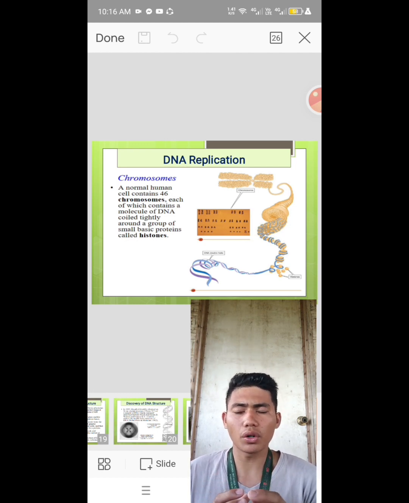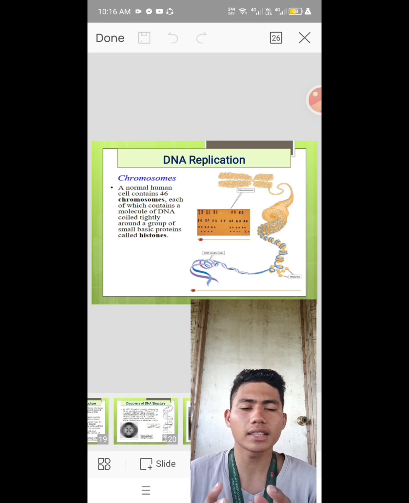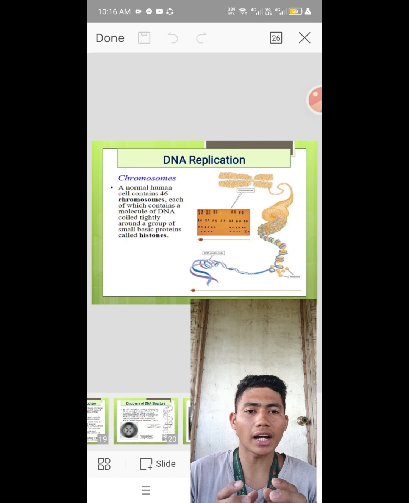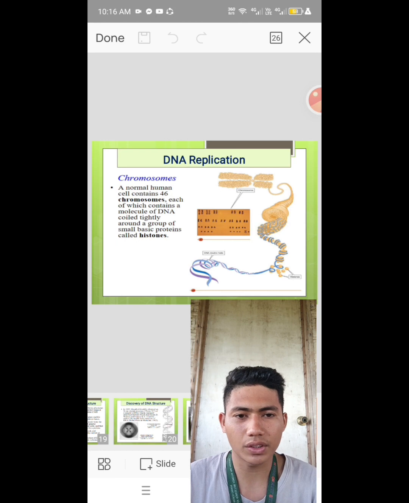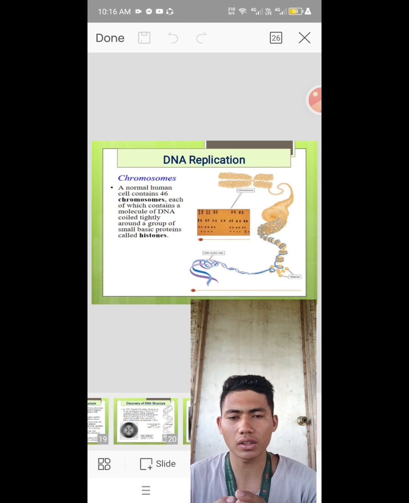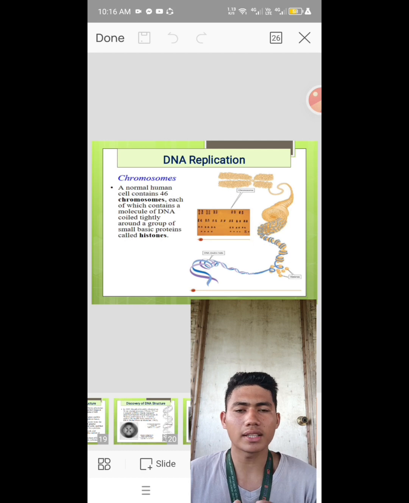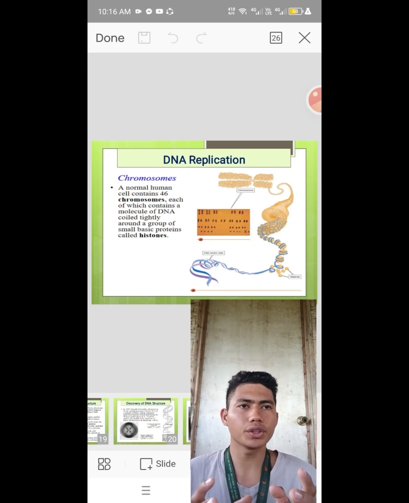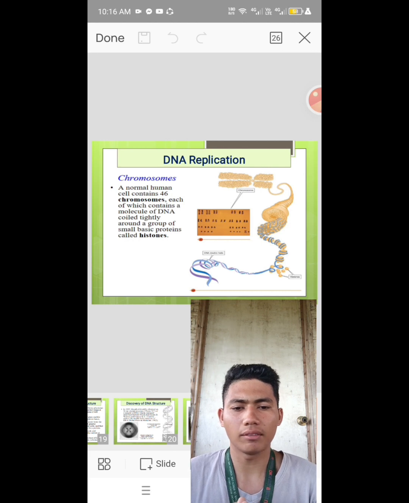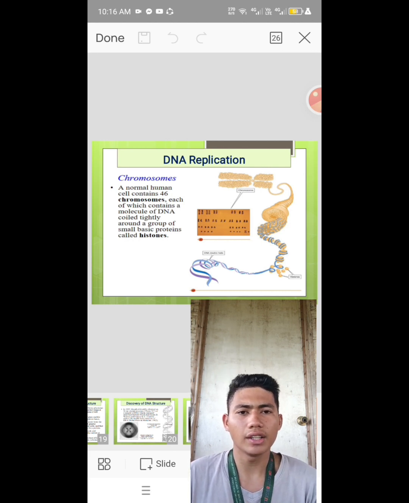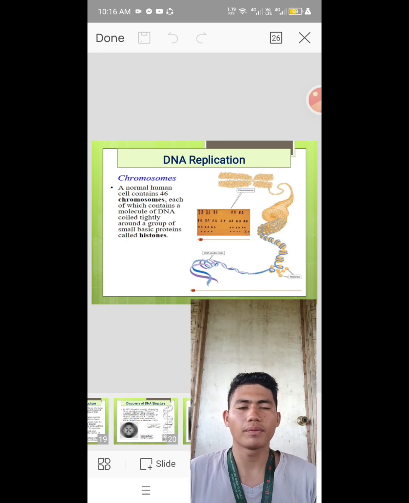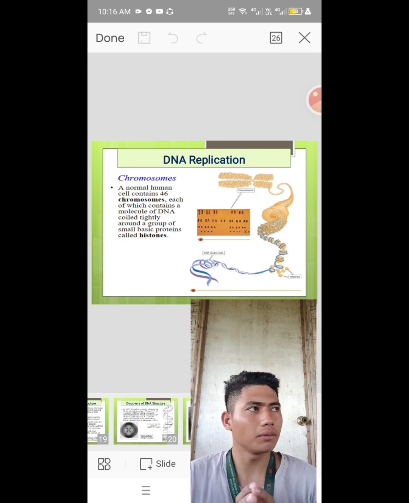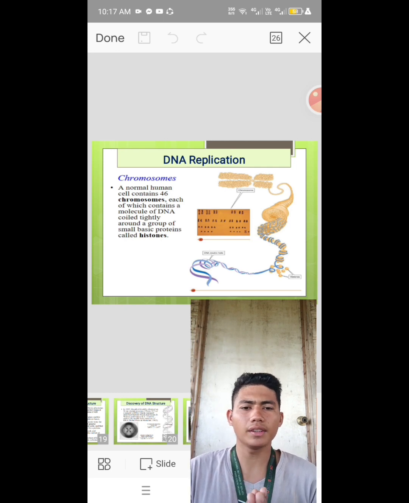Still, mistakes do occur on rare occasions, but that is rare. That's why it is called replication, because the DNA is duplicated to ensure there are two daughter DNA, so the DNA is copied correctly.